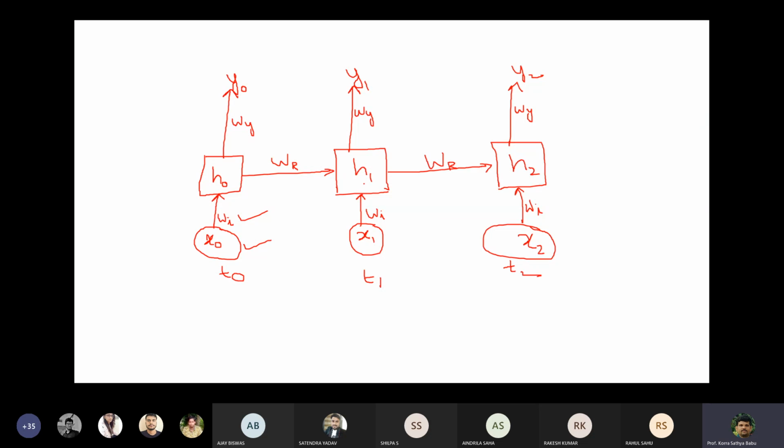Attaining this h1 result, the processed output is given to the next stage, and y1 is the output given here with some Wy as the weight. Similarly at t2, x2 with Wi, and then you use Wr to get h2, and from this h2 you get the y2 with the weight Wy. So this is the process, right?